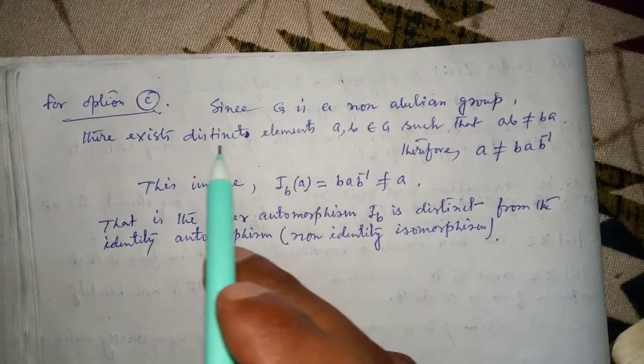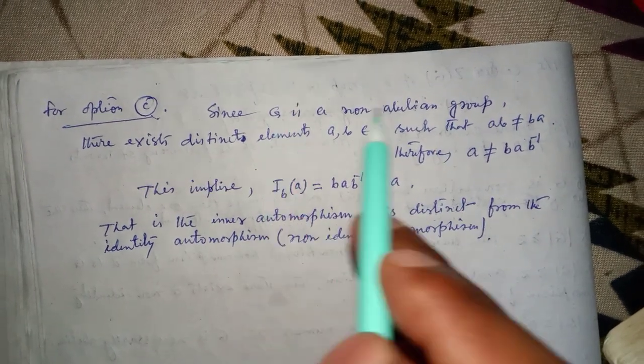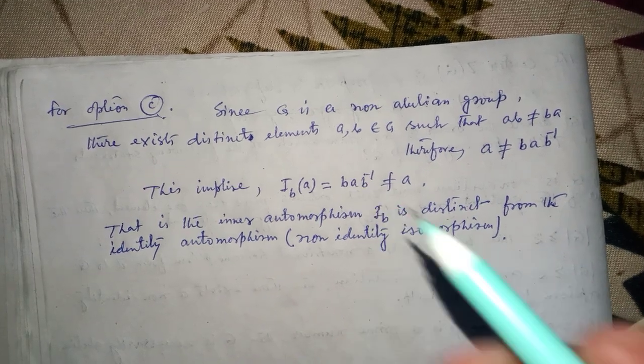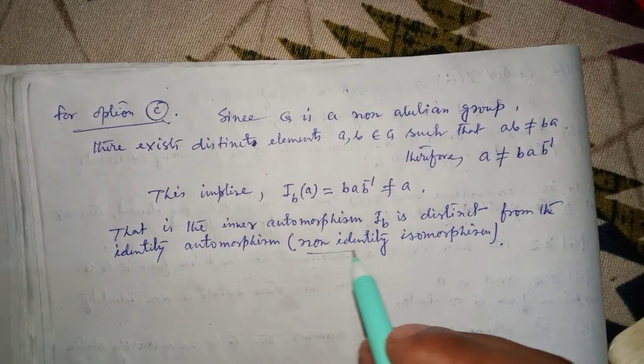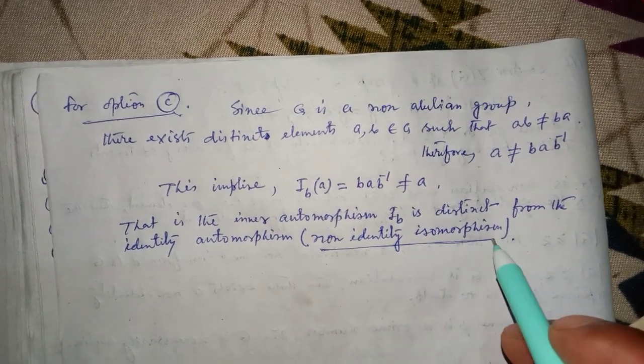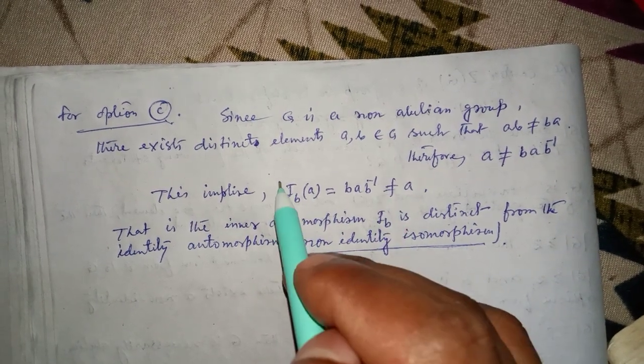Therefore, if G is a non-abelian group and the order of G is greater than or equal to 2, then there exists a non-identity isomorphism from G to itself.